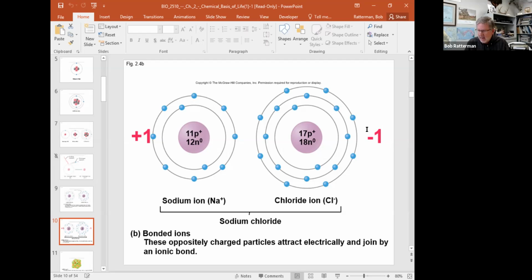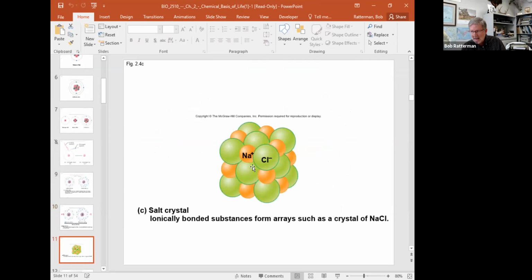So big deal, you say. Why do we need to know this? What's the significance of having a plus charge on one end and a minus charge on the other end? Well, that's pretty important, because when you look at the sodium chloride crystal, if you could zoom in with a special type of microscope, you would find that wherever you have a negatively charged chloride ion, it's surrounded by positively charged sodiums, because unlike charges attract.